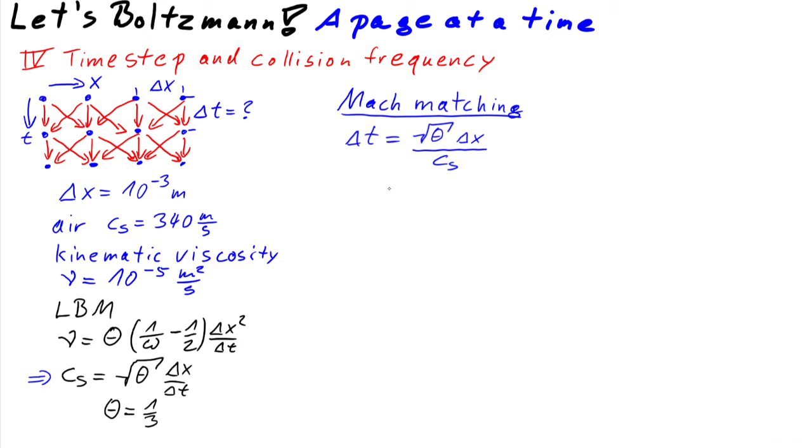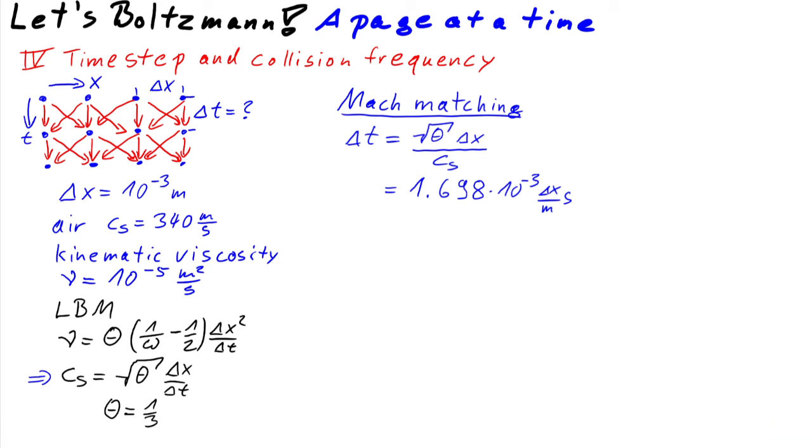And if we do this, we would have a value of 1.698 times 10 to the power of minus 3 delta x divided by meter times second.